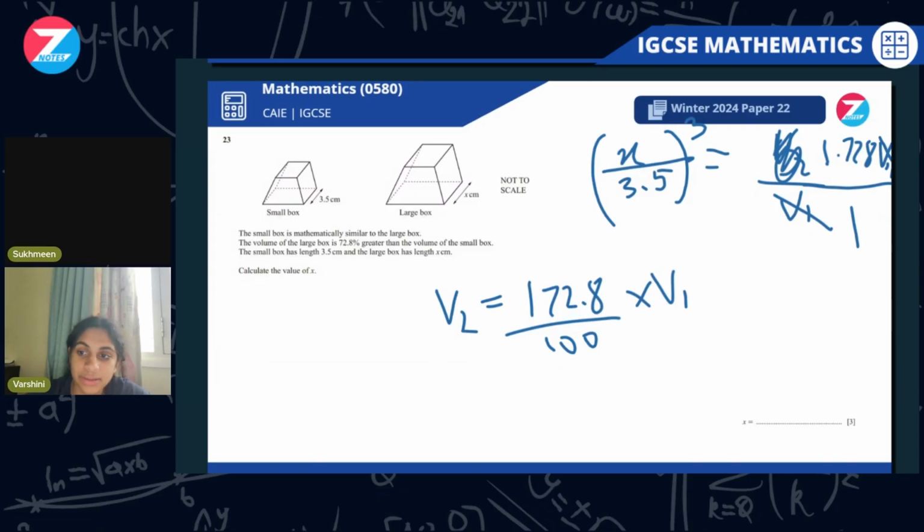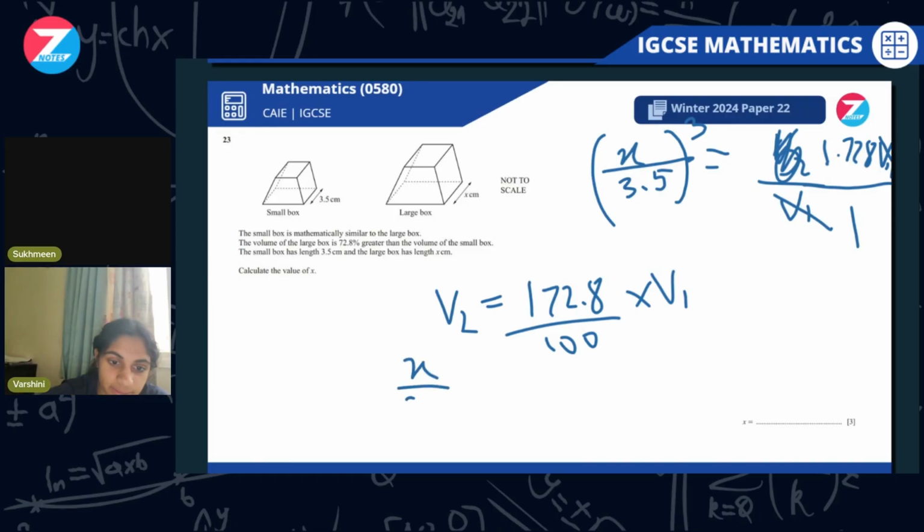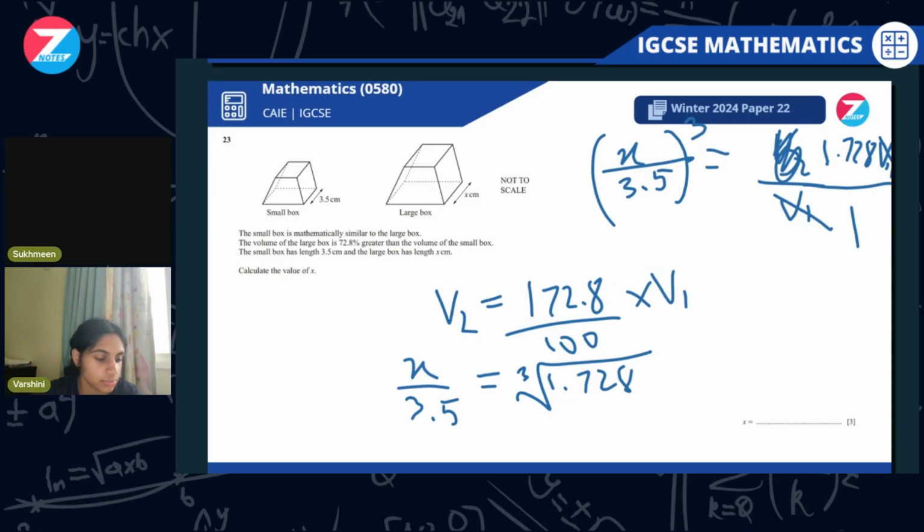We can cube root both sides, and say x by 3.5 equals the cube root of 1.728. Put that into your calculator, and remember to use cube root, not square root. You should get the cube root of 1.728 to equal 1.2.